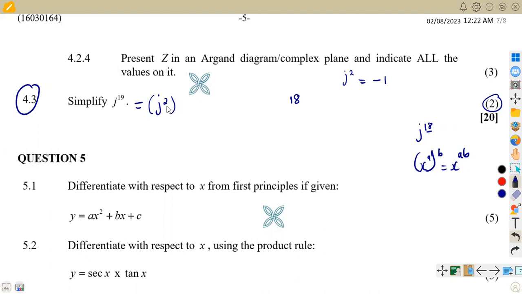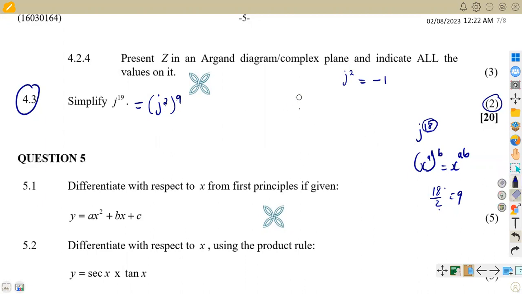So already you've got a 2, but the actual number was supposed to be 18. Which number do you multiply by 2 to obtain 18? That's 9. You can just divide 18 by 2, which is 9. So this is to the exponent of 9. So 2 times 9, that's 18.